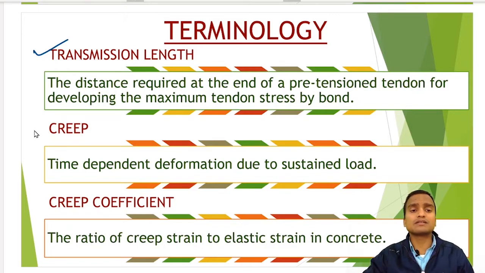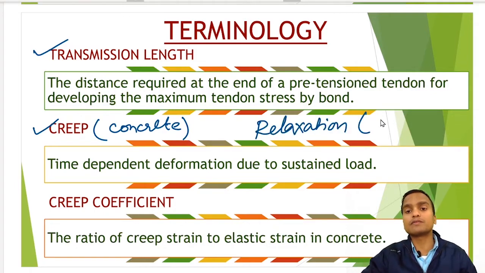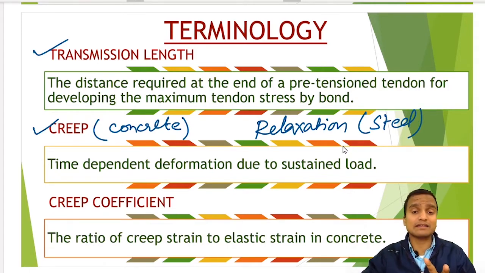Now the next is creep. Creep is the property of concrete. Similarly we will come to a term relaxation, and relaxation is a property of steel, but both creep and relaxation have similar meaning. Creep is a strain due to constant load: the sustained load is constant, but with time the strain still keeps increasing.